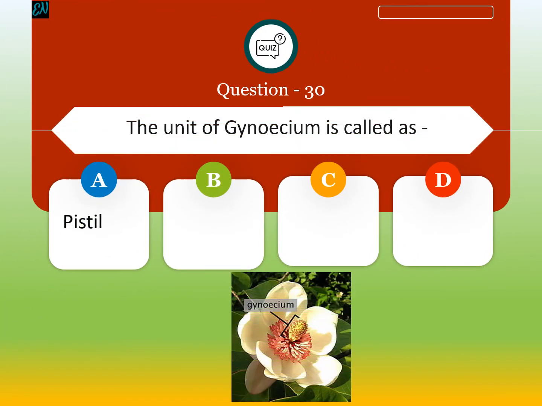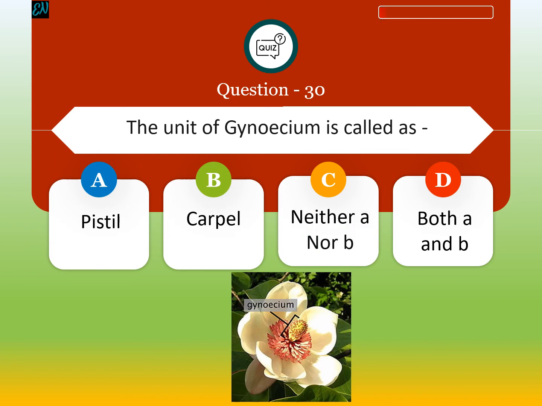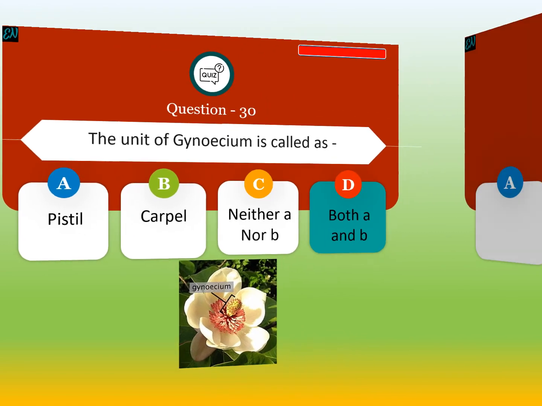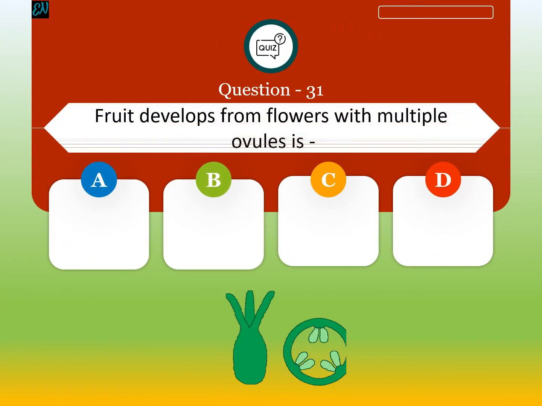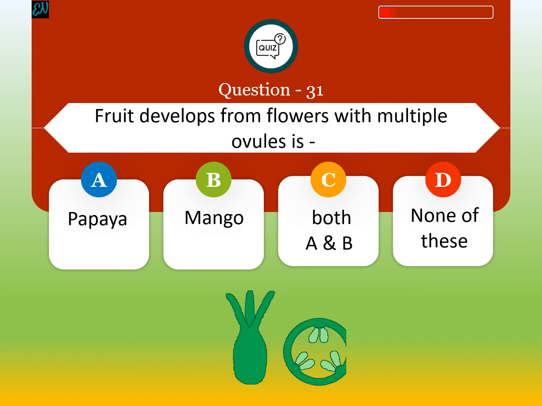The unit of gynoecium is called as pistil, carpel, neither A or B or both A or B. Both A and B. It is also known as pistil and carpel. Fruit develops from flowers with multiple ovules is papaya, mango, both A and B and none of these.